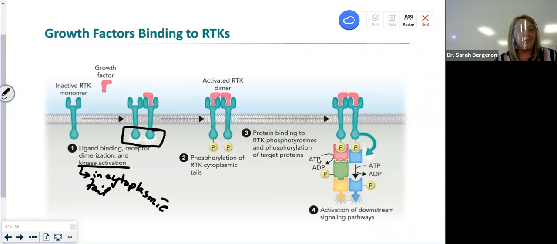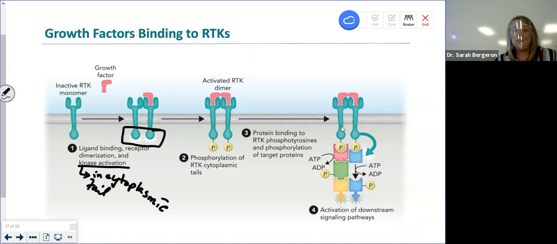And these adapter proteins, do you see this conversion of ATP to ADP? What does that tell you that this red one can do? It can use energy and phosphorylate something, right? Now this phosphorylated adapter protein can go on and activate something else, which can go on and on and on, right? And that's what we're going to talk about today. What is this cascade and how does it work?